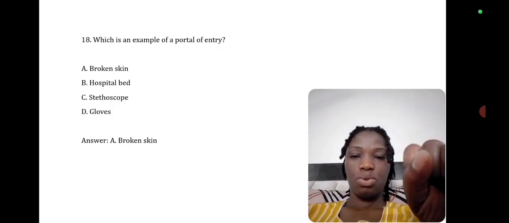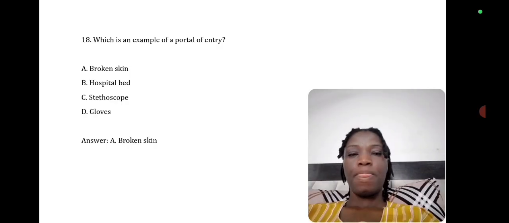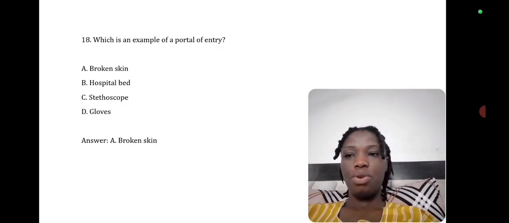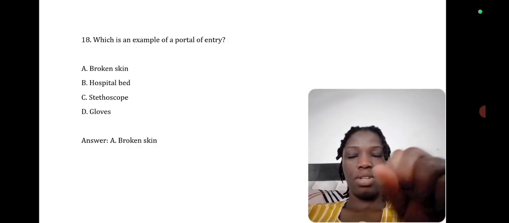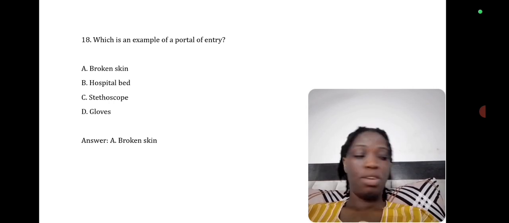Somebody can sneeze on the stethoscope. Sneezing is portal of exit. The microorganism will now stay on the stethoscope. You carry the stethoscope and move it around, wearing hand glove when you go to do the blood pressure.